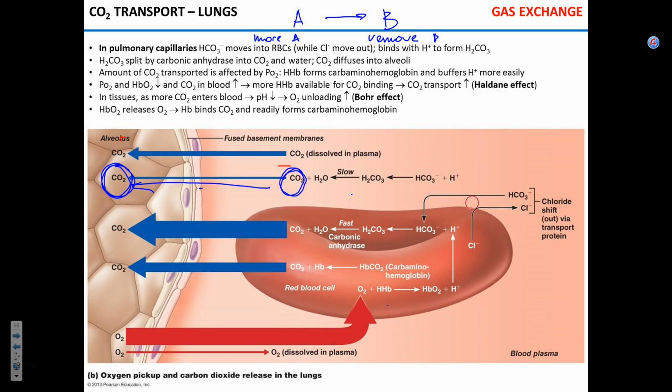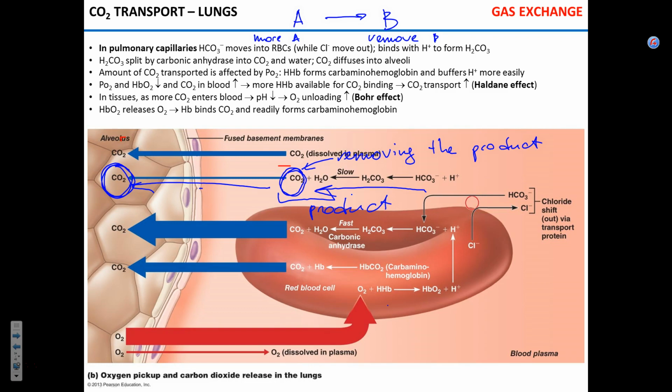Now, look at the reaction. This here is the product. Got it? You're constantly removing the product from the reaction. When you remove the product from the reaction, the whole equilibrium will shift, in this case, to the left.